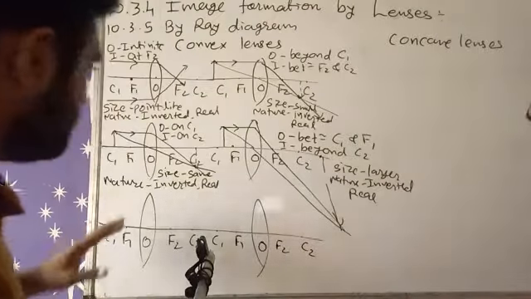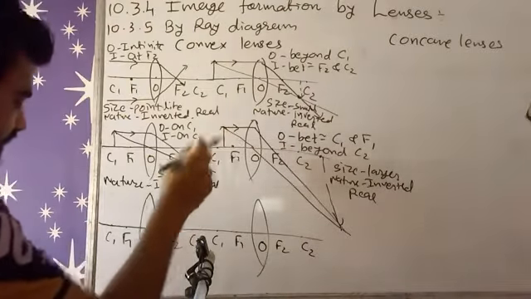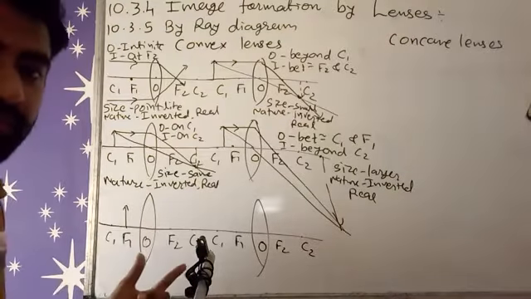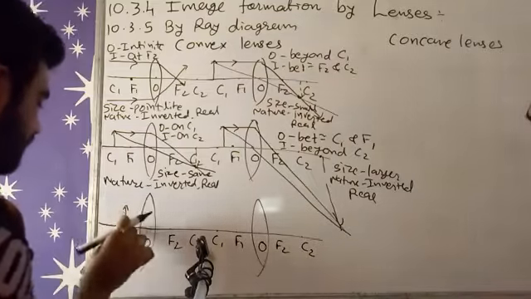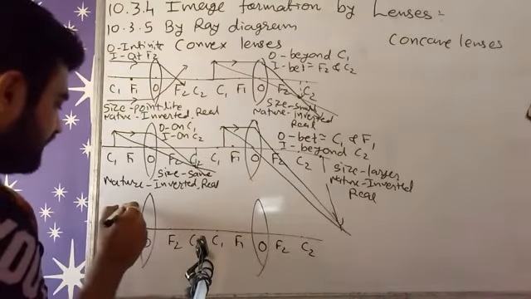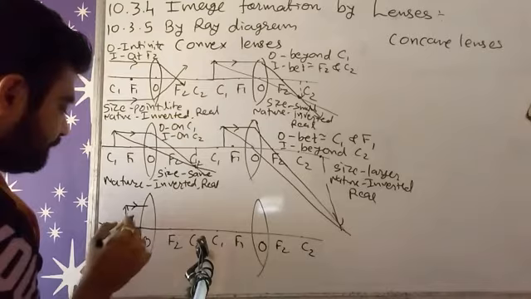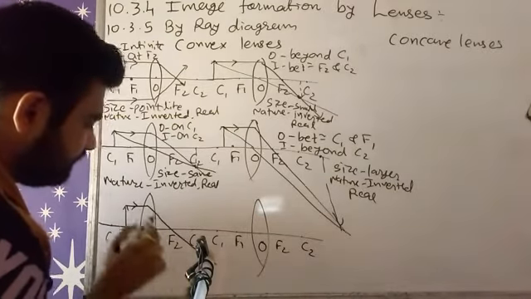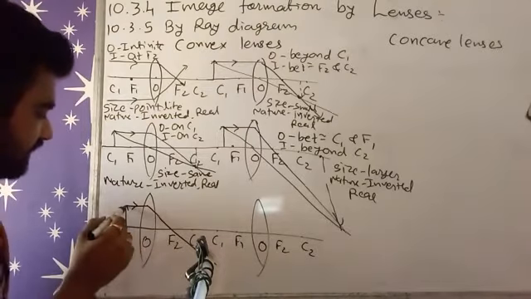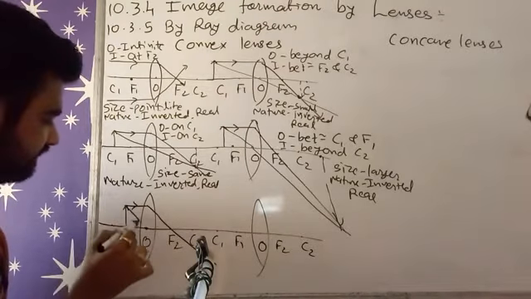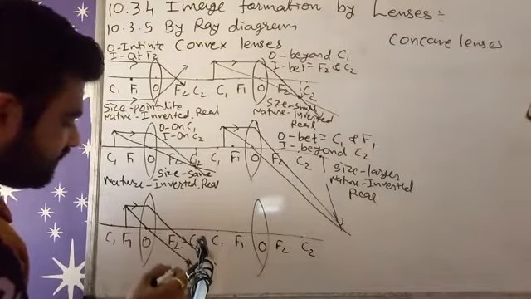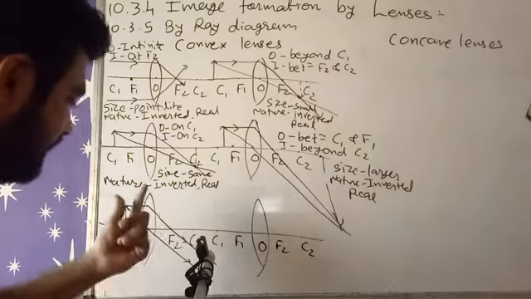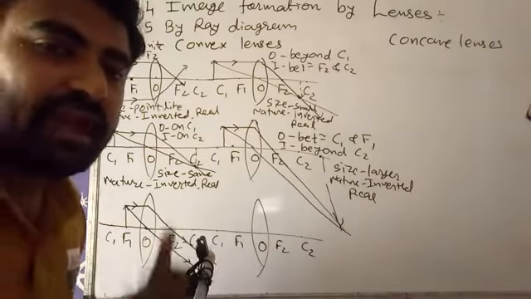Now our object should be at the F1 point. After refraction, the rays come out parallel to each other. If they are parallel lines, then we get the image at infinite distance.